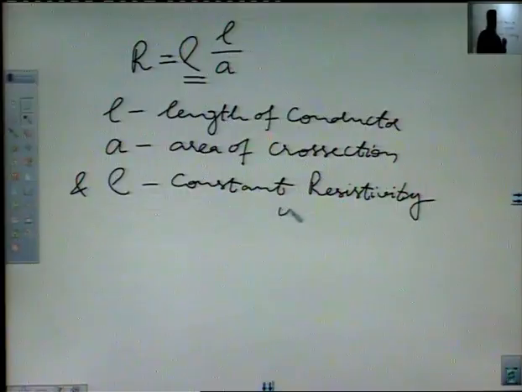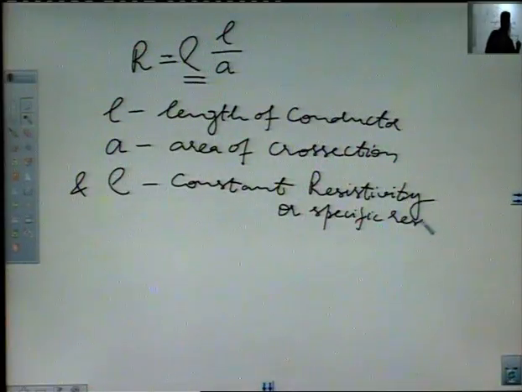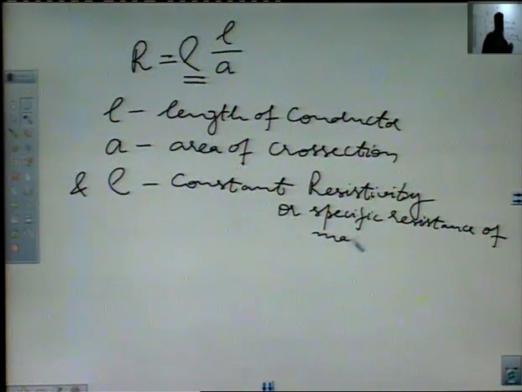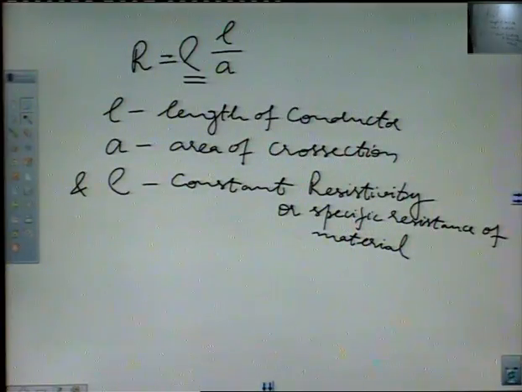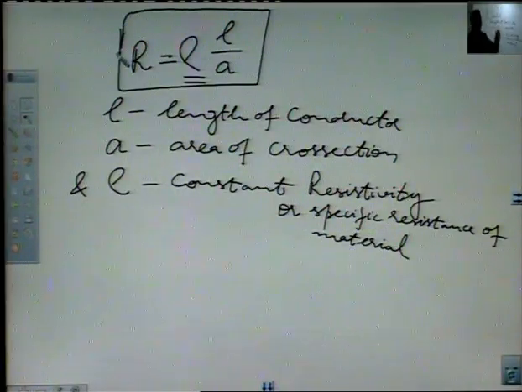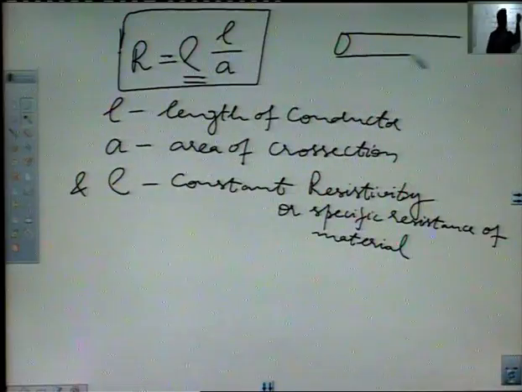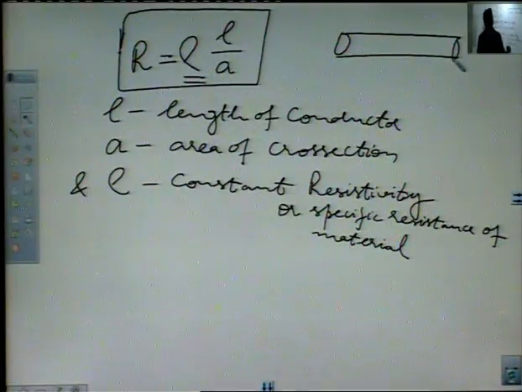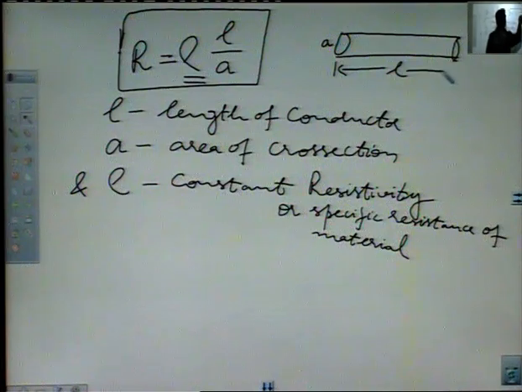Or specific resistance of material. So, from this equation you can see that resistance of a conductor in the shape of a wire depends upon the nature of the material used for making the conductor, area of cross section A, and length L of the material.